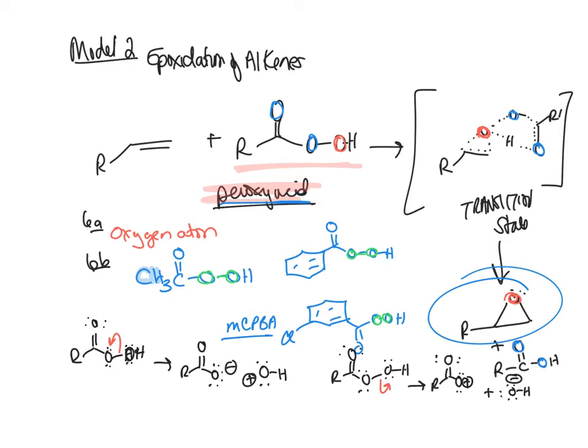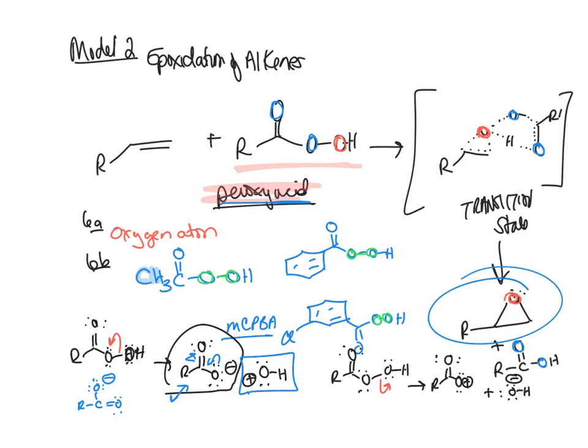Okay, compare the two anions above. Which would be the better leaving group? Well, obviously the better leaving group would be this one because it's stabilized by resonance. Okay, so the first one, and that would give you a plus OH.